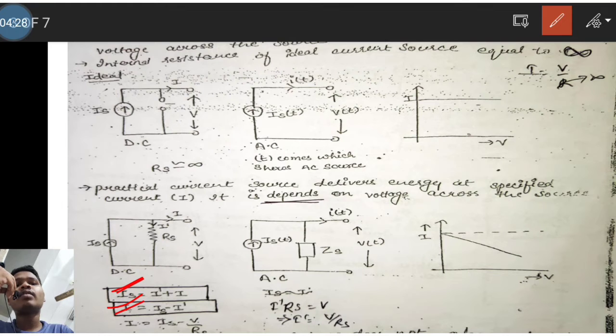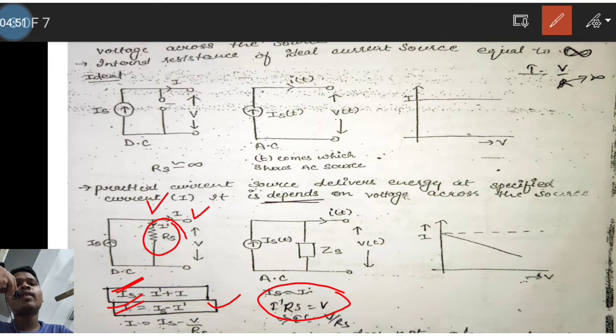So I is equal to IS minus I dash, by using Kirchhoff's current law. You also know another formula from Ohm's law: here the voltage is V, and here also the voltage is V, the same voltage. So that voltage is equal to I dash into RS.